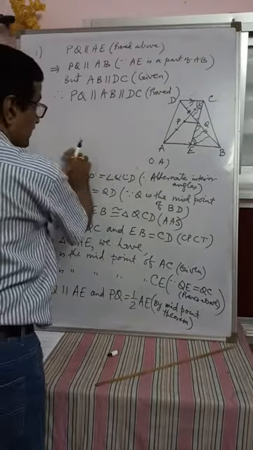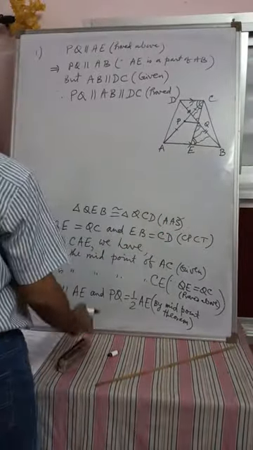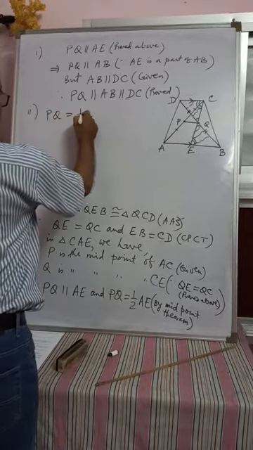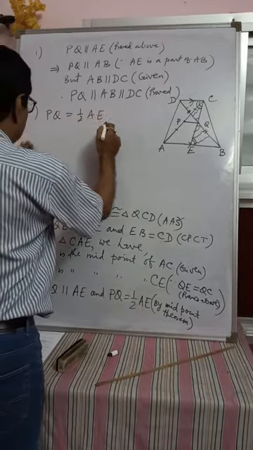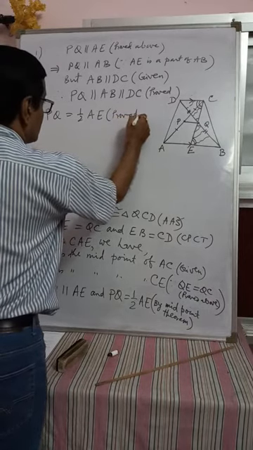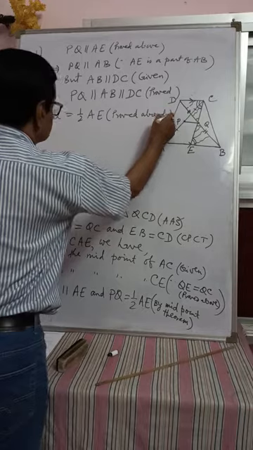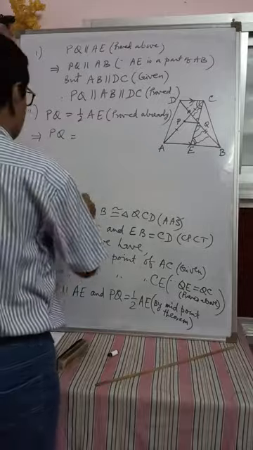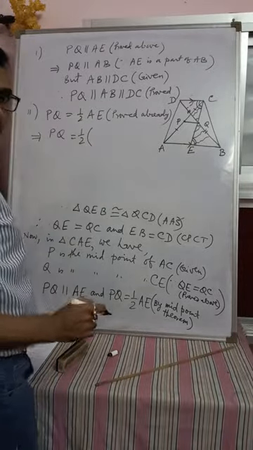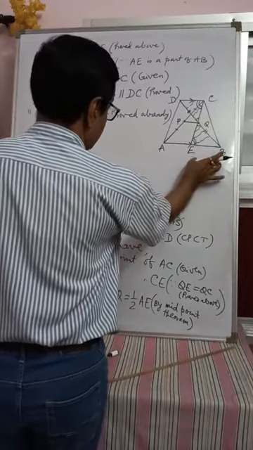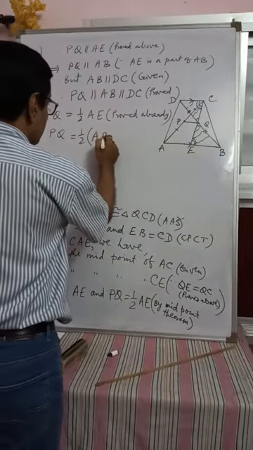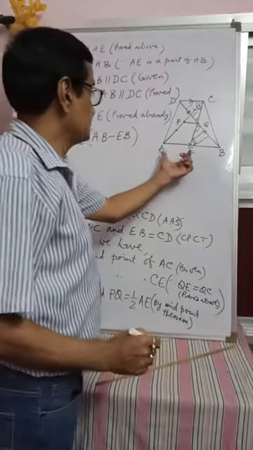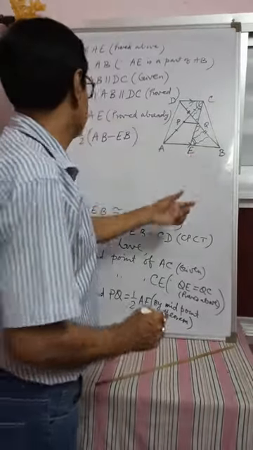Now for the second part, already we have proved PQ is equal to half of AE. Now AE can be written as AB minus EB. So we can write AE as AB minus EB.